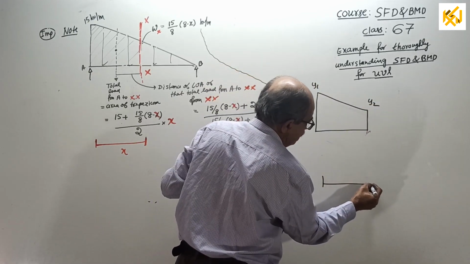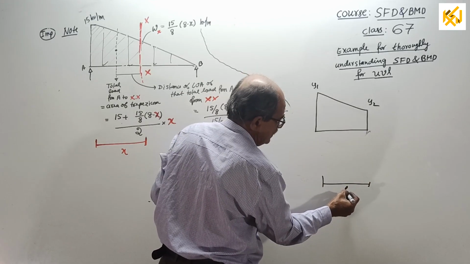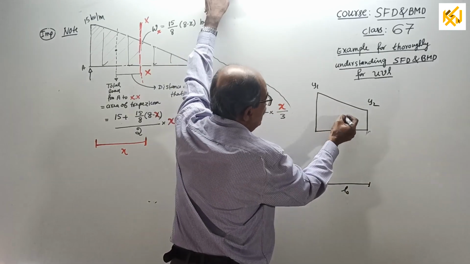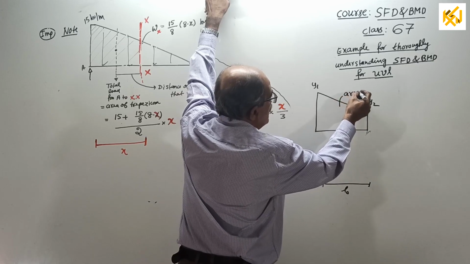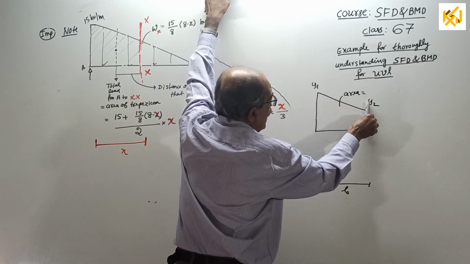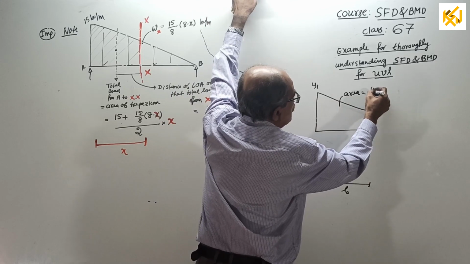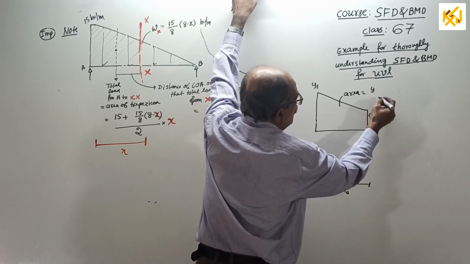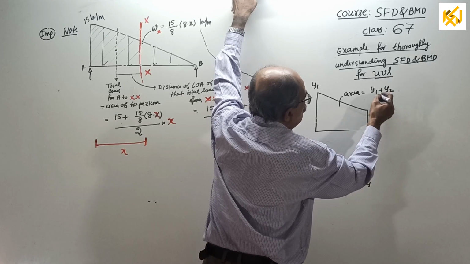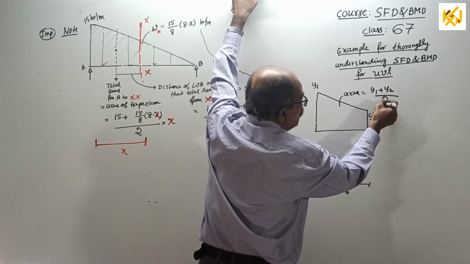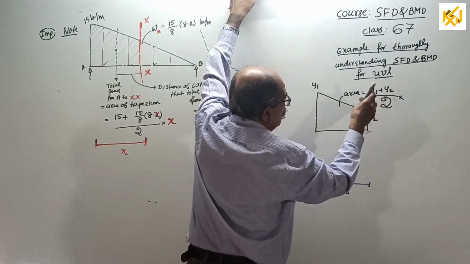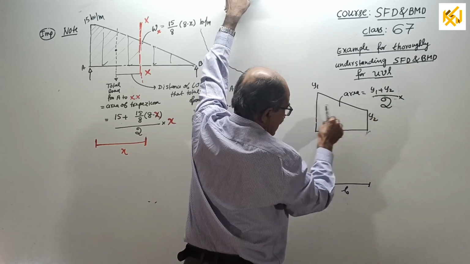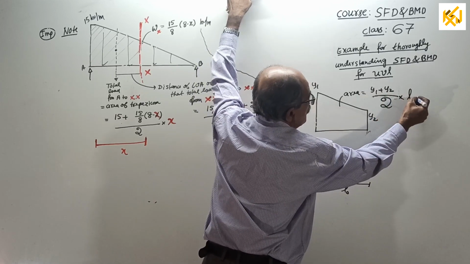The base length is some length, say L0. This I told earlier. The area of this trapezium is the sum of the two parallel sides, y1 plus y2, divided by always 2, into the distance between the two parallel sides, L0.